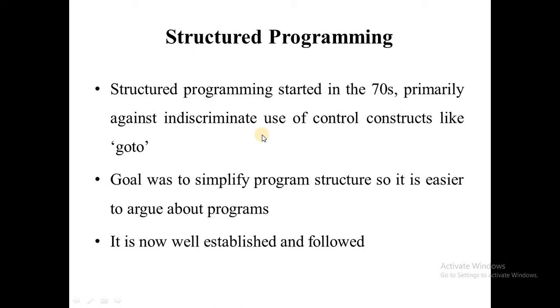It works in a non-linear manner. That's why it is not a good control construct to develop a software product. So we have to avoid goto control constructs because they go against the principle of linear ordering of execution.